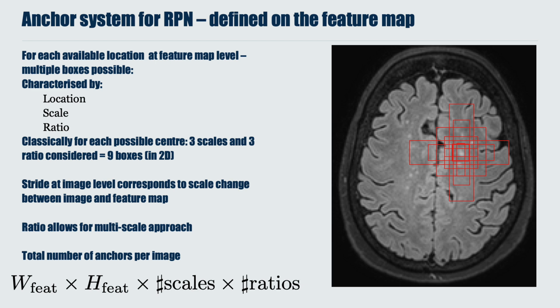So overall, you get as total number of anchors per image the number of feature locations, the width times the height of the features, times the number of scales times the number of ratios. So in the end it's quite a big number.